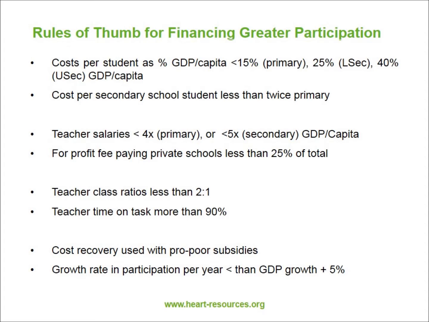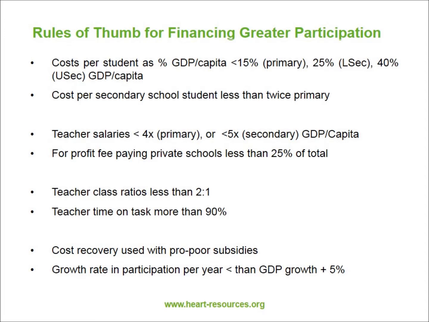It is appropriate, where it is possible, to operate various kinds of means-tested fee structures, payment structures, which encourage those who can afford to pay to make a contribution. But it's not appropriate to apply flat rate fees across a population because these will exclude. Pro-poor subsidies are necessary, and services which are free at the point of service delivery are essential if expanded access is to be equitable.